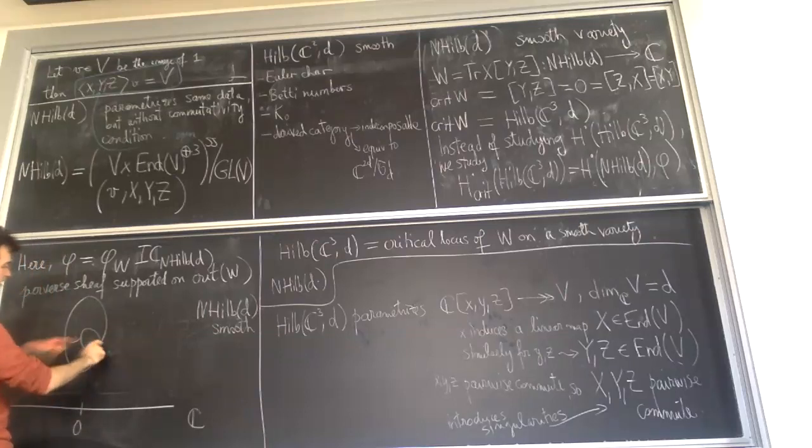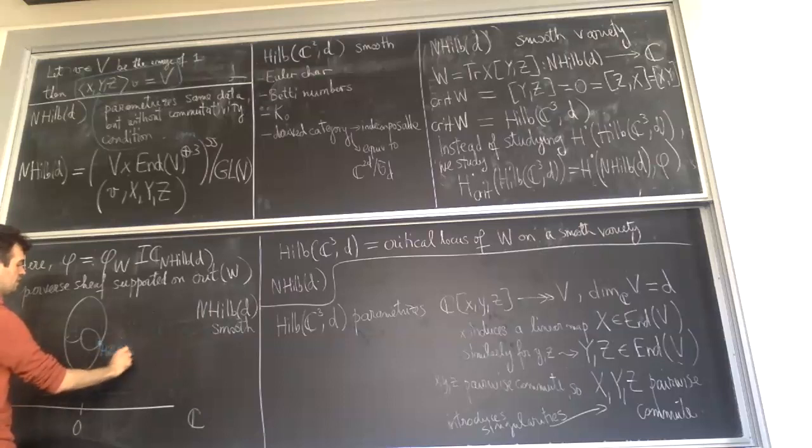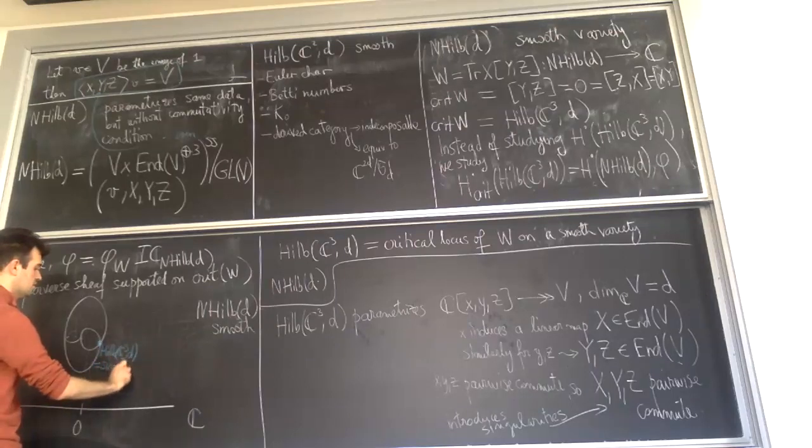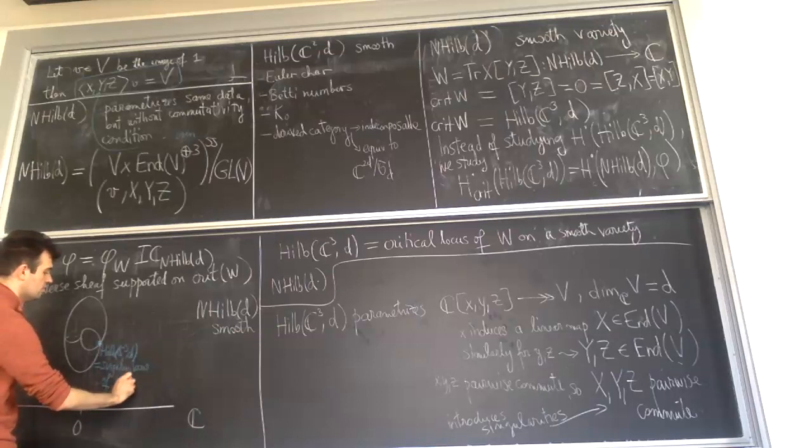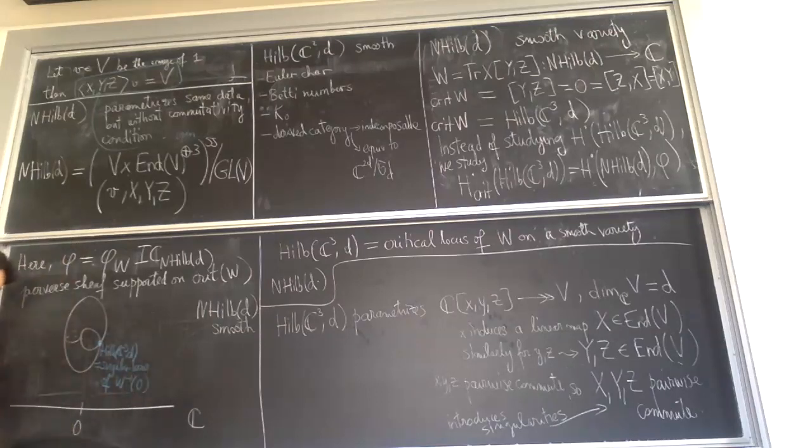So what happens here is that we're interested in this Hilbert scheme of points on C3. So this is singular, but it is also the singular locus of the preimage of 0. And over any other point, the preimage is smooth.